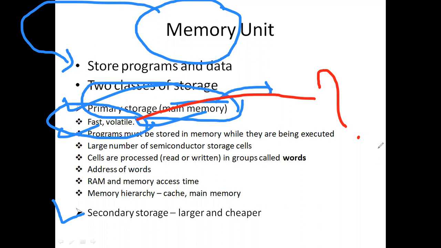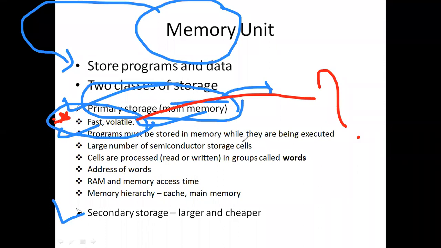Anything else? Can I say it is permanent, if I'm keeping the data there? No, sir. Okay, good. So that is volatile, and fast. These are the main important characteristics of primary storage or main memory: it is fast and volatile.